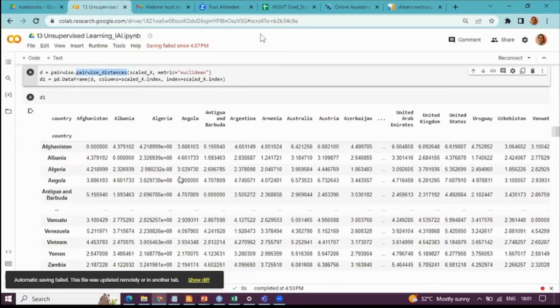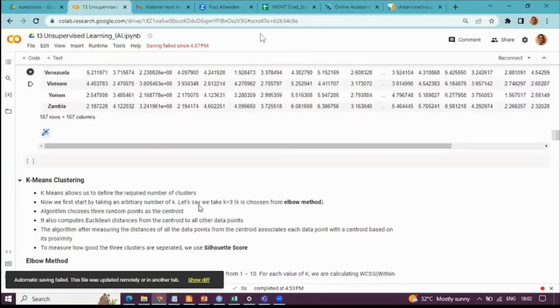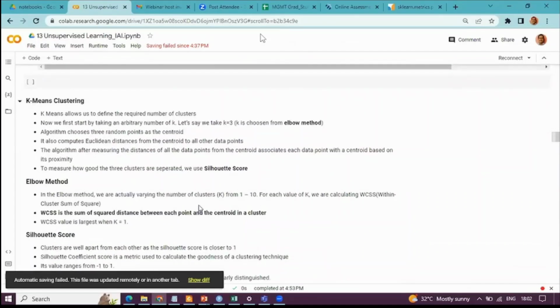If there are 167 observations, the distances would form a 167 by 167 matrix. You can see which observations are close to each other and which are farther away from each other. Now that is where we can fit in k-means clustering once we have done the distances.